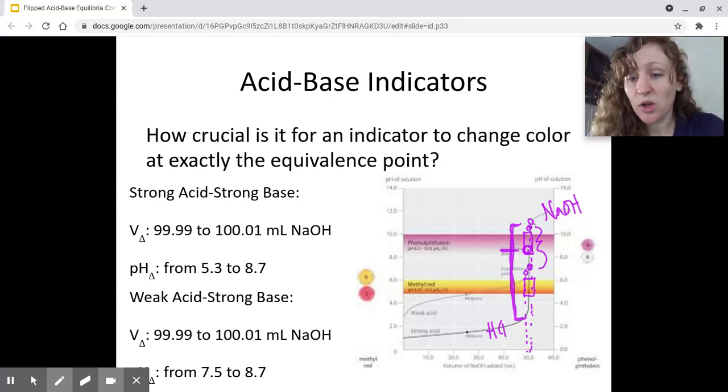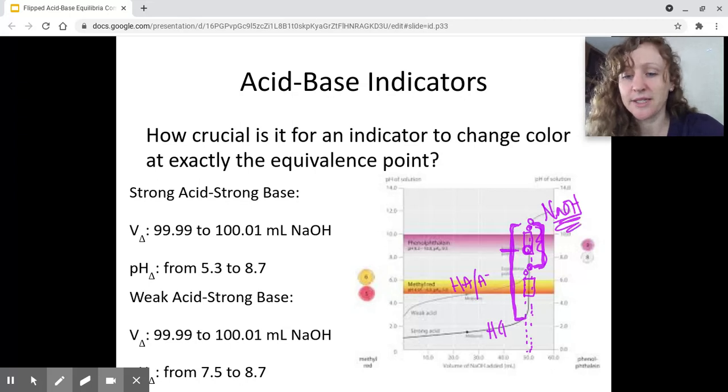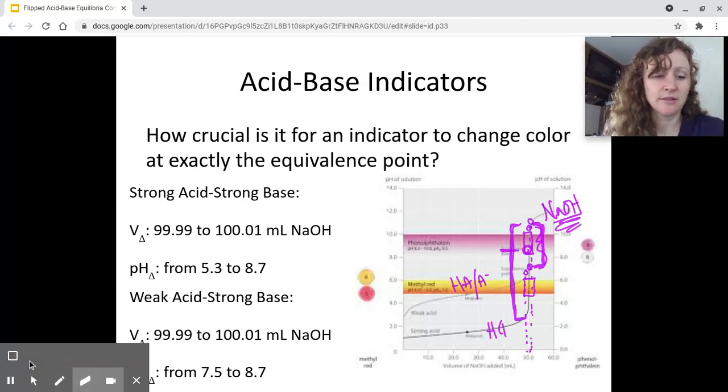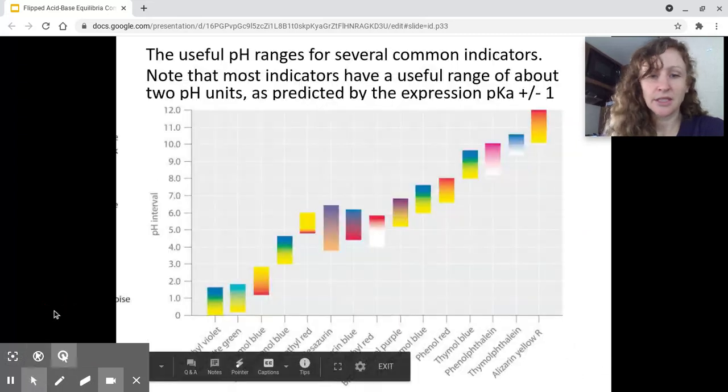When we get a weak acid, however, we get a much smaller pH jump because we're going from a buffer present, HA and A minus, to NaOH present. It's going to be a smaller jump in pH. You have to be a little bit more precise with your indicator choice.